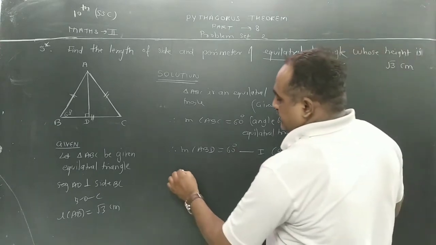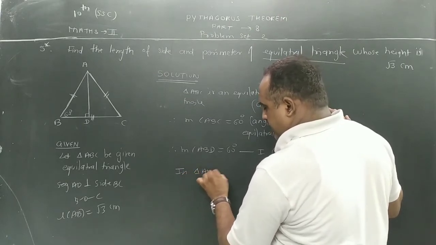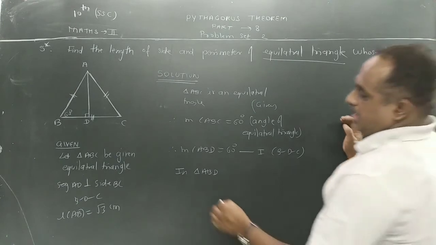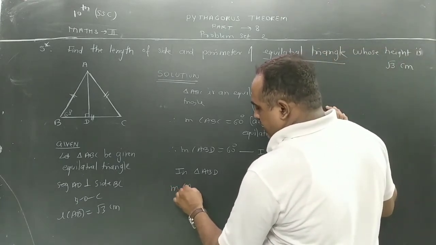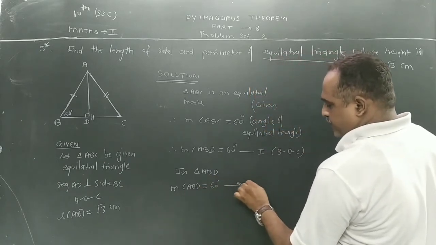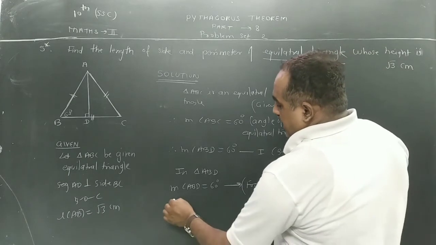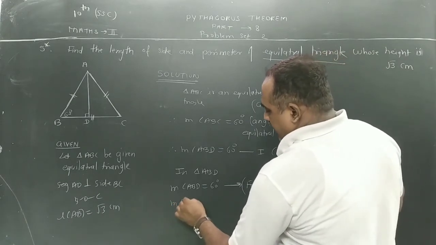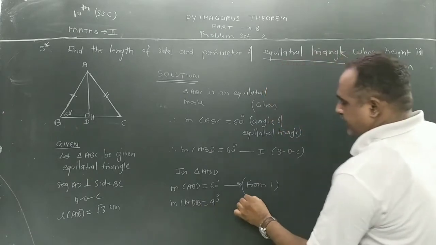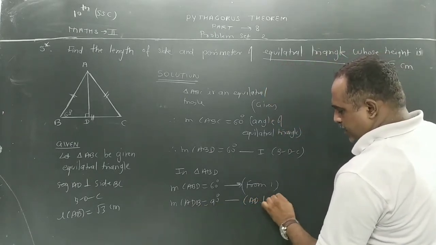Then after that, in triangle ABD, measure of angle ABD is equal to 60 degree from 1, and measure of angle ADB is equal to 90 degree. Here we'll write AD is perpendicular to BC.